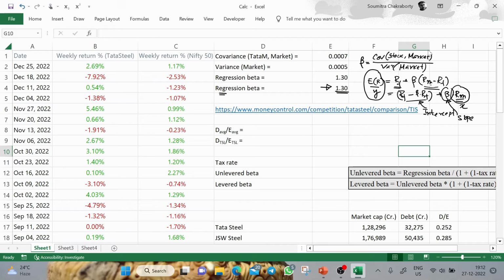Now take a second and think about this. Is it a levered beta or is it an unlevered beta? So obviously this is a levered beta, this is not an unlevered beta. But the problem here is that, in spite of the fact that it is a levered beta, the leverage here is the average leverage.